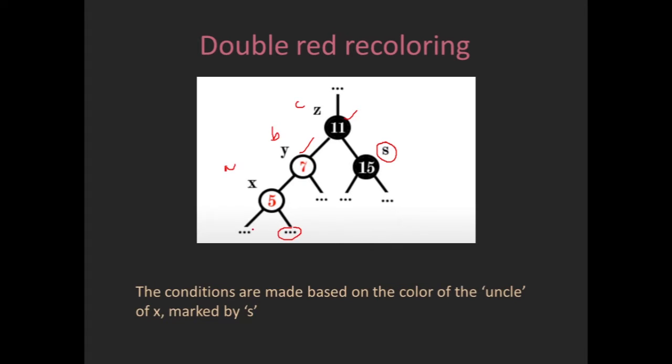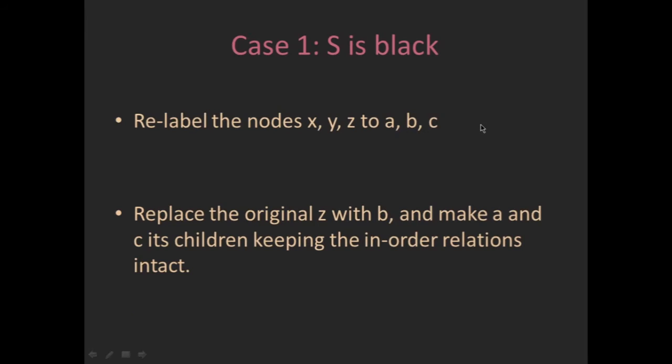Like these would not be affected. The reordering would be done over here. This would be replaced with this, and then this and this would be its children. So 7 would come over here, 5 would be its left child, and 11 would be its right child, like this.